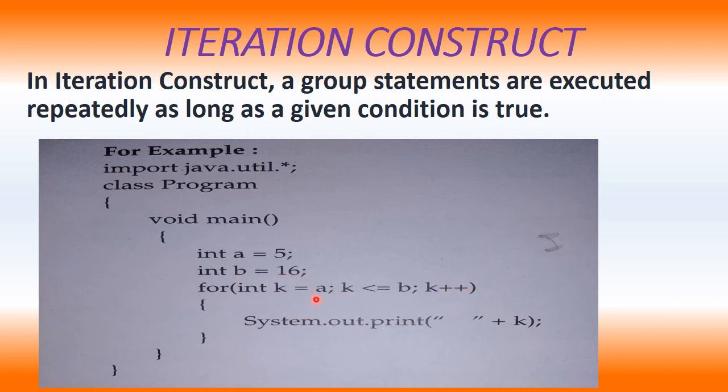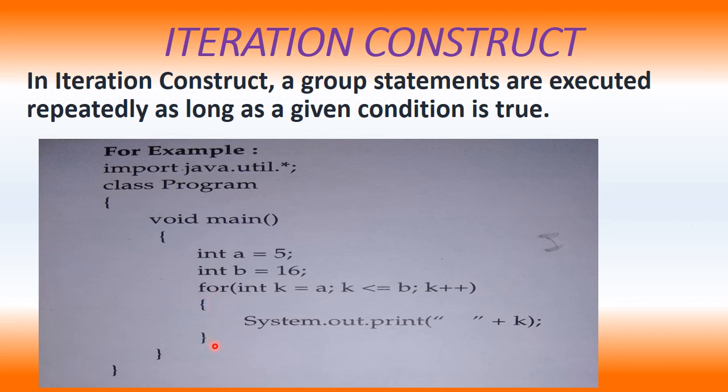First it will execute when k is 5, then k is 6, then 7, 8, 9, 10, 11, 12, 13, 14, 15 and 16. So when the value of k is 5 to 16, till that time it will execute the statements which are given in this for block.